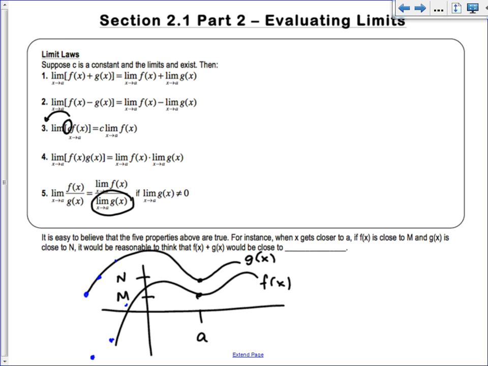You can add different y values and get a new function. So f of x plus g of x would get closer to m plus n. Basically, you just take the limit of each of them and then add their limits.